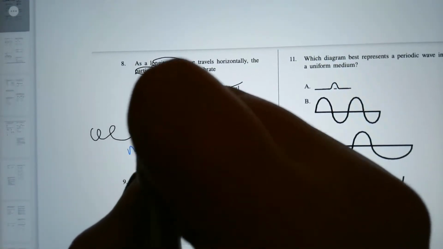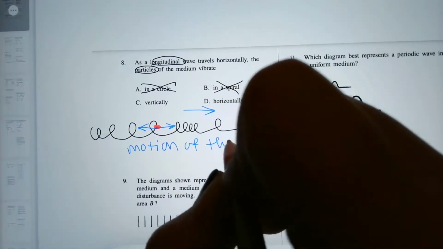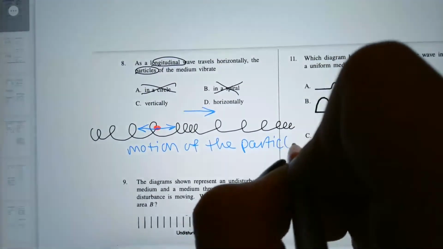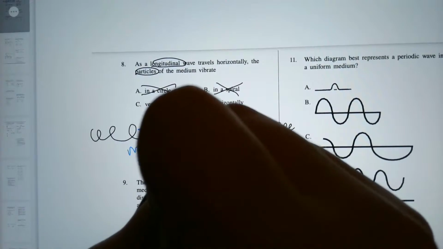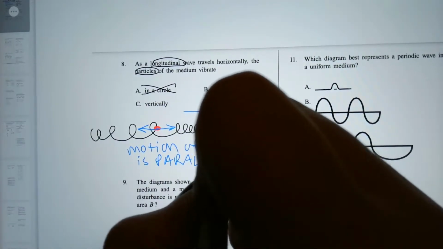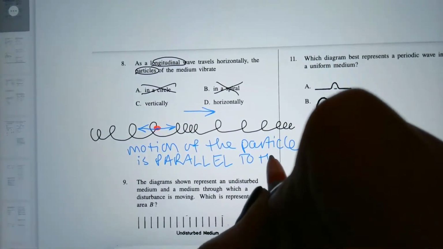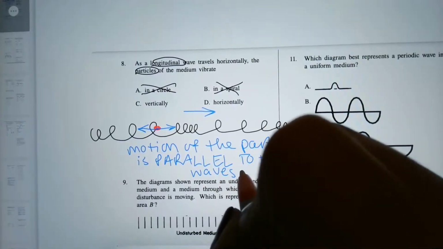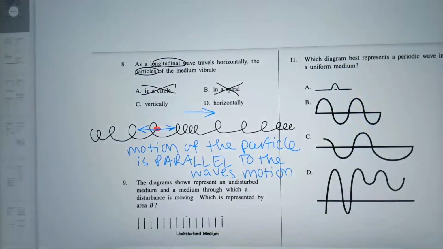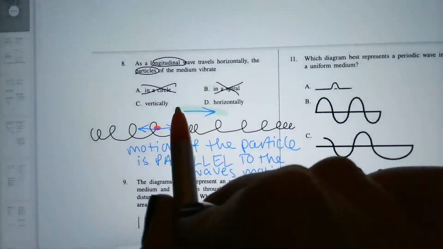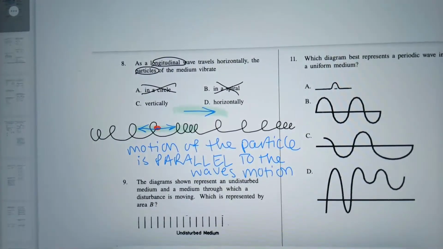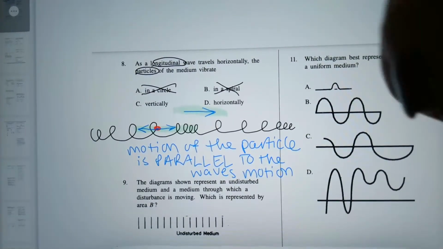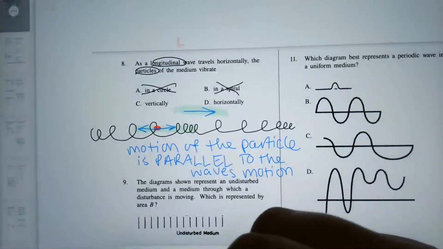So motion of the particle is parallel to the wave's motion. Okay, and like I said, it is moving to the right, so therefore we do see the parallel, right? We see this is parallel and this is parallel. And another way to help us remember this, that word longitudinal.